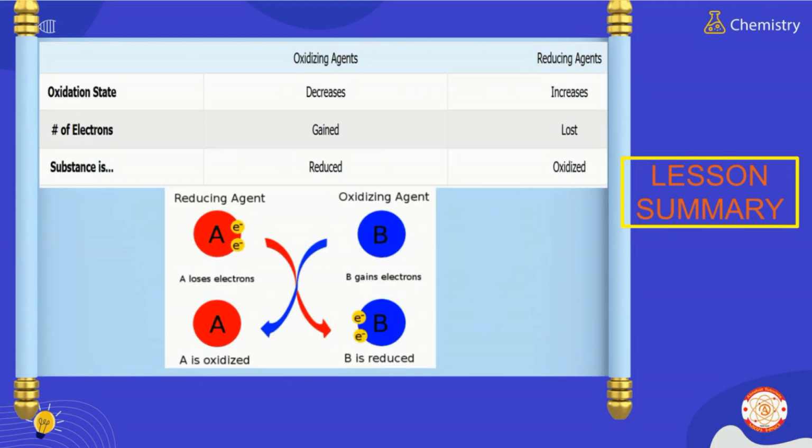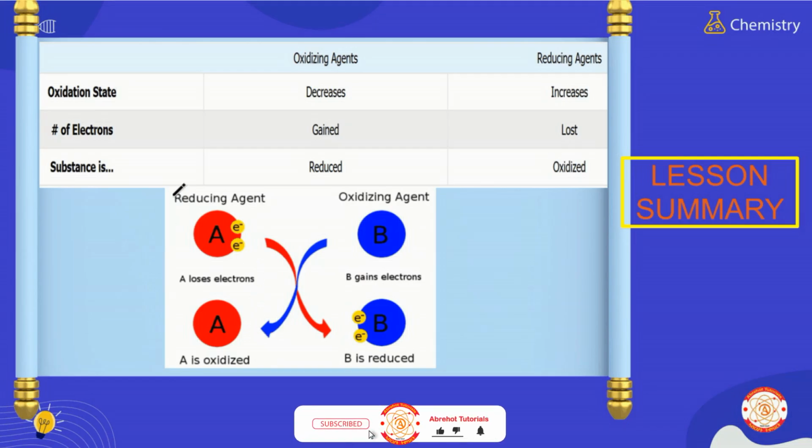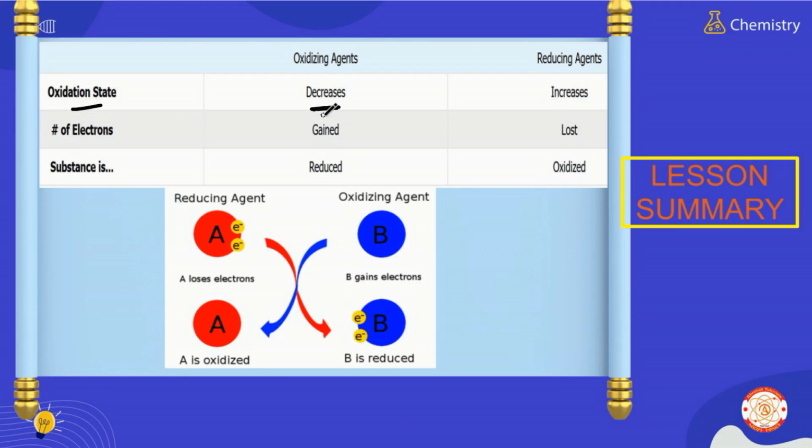And the other point that you have to remember is the difference between oxidizing agents and reducing agents. Remember, oxidizing agents, we defined it in terms of oxidation state. So its oxidation state decreases, and reducing agents have higher oxidation state.